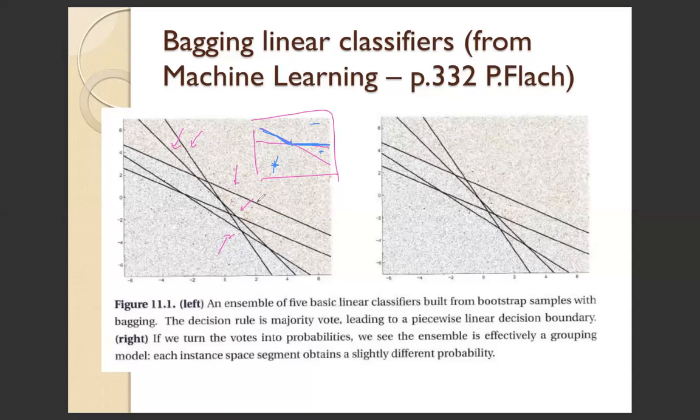Actually it may be easier to think of it like this. So let's say you have a sample point here. So this line here will predict it to be blue. This one also says that it's blue. This one also says blue, right, below it.